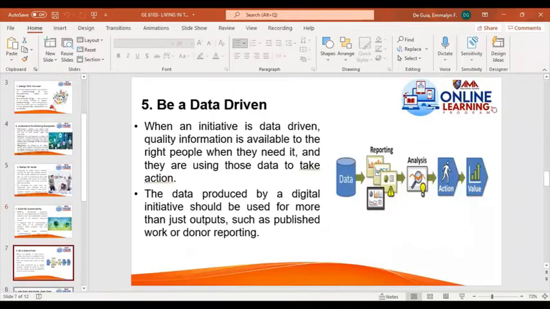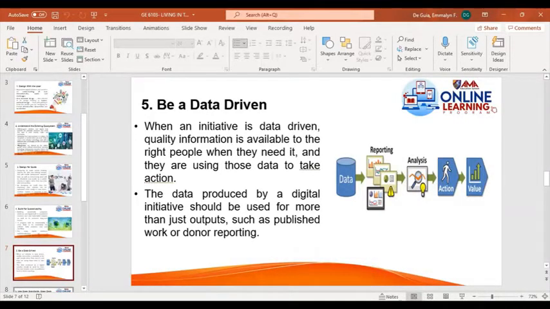Next, we have the number 5 principle, be data-driven. Okay, so in this project, of course, we cannot create without data, right? So we have to ensure that our collected data is very accurate, so that it can produce a very good digital initiative. We should be holistic also when it comes to data collection and have a careful analysis.